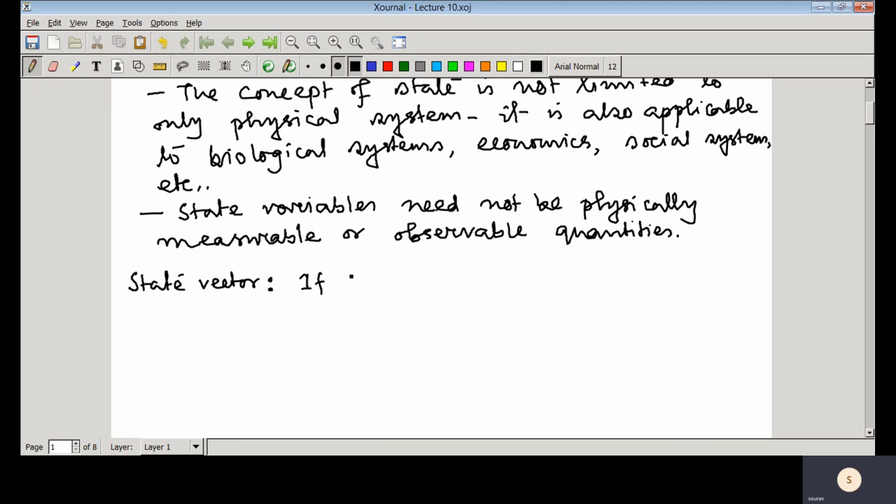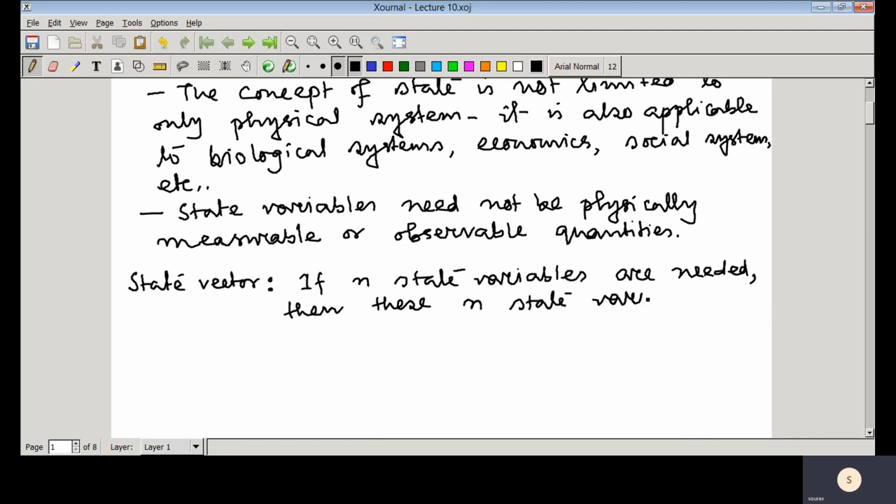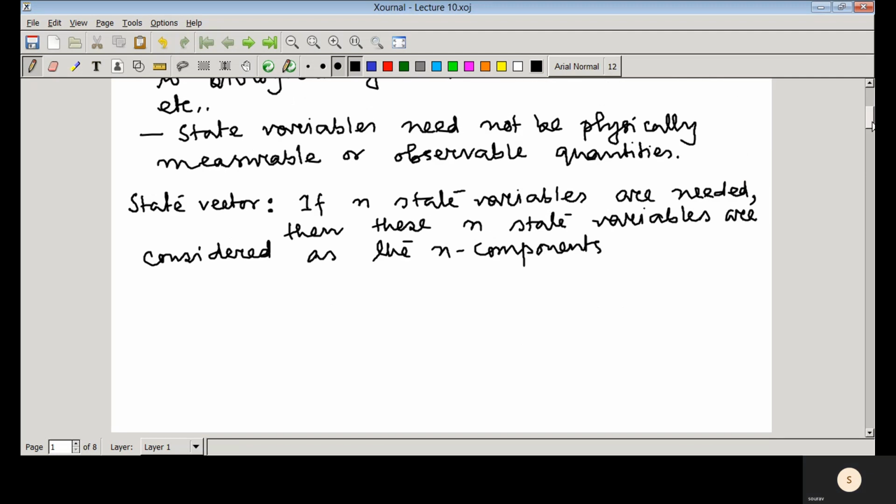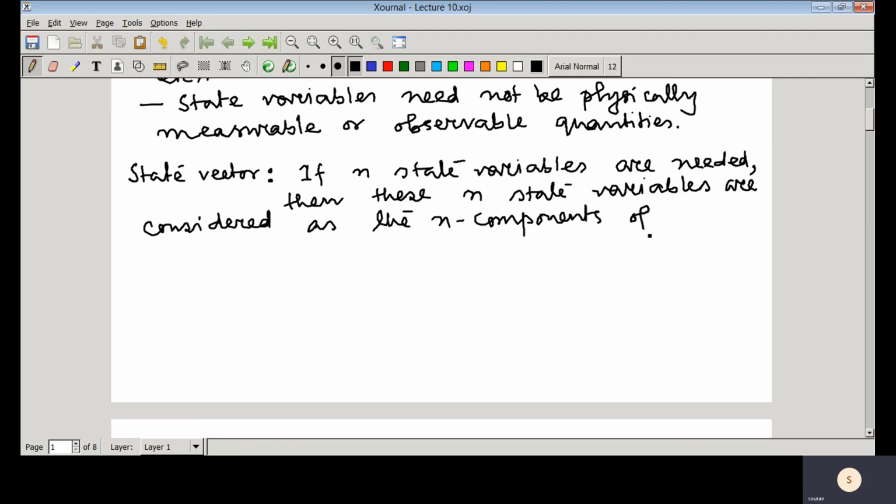So suppose n state variables are needed to describe the dynamical systems completely, then these n state variables are considered as the n components of a vector x.